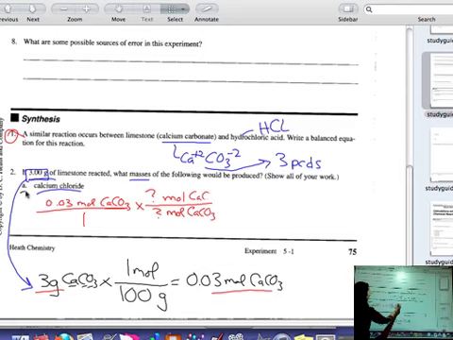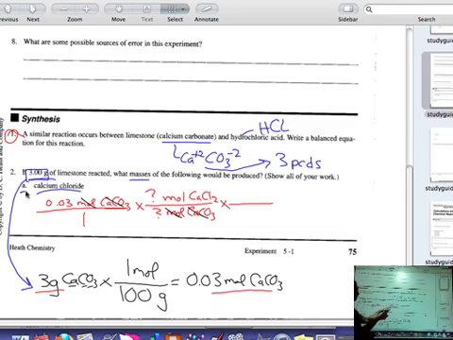We did this step before. It's very simple, but what we're saying is, if we have 0.03 moles of calcium carbonate, how many moles of calcium chloride do we have based on the balanced equation? So this cancels now, and we can move on.